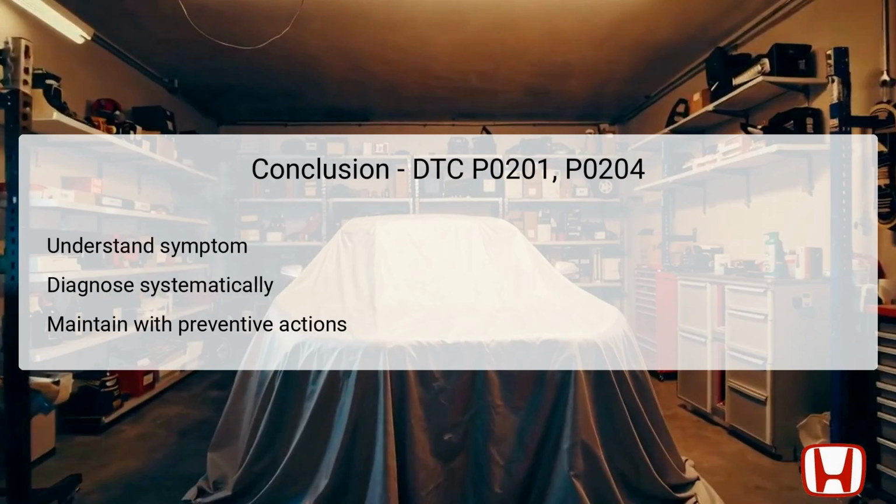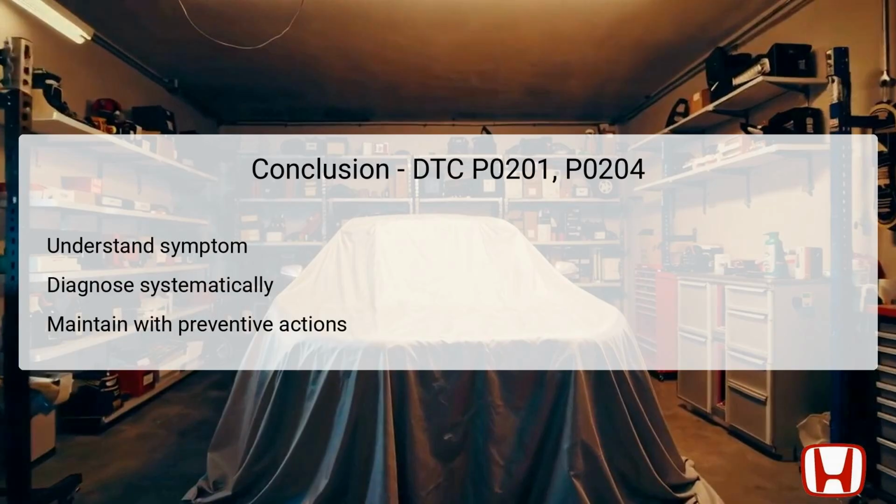In conclusion, understanding the symptoms and implications of DTC P0201 and P0204 is critical for effective troubleshooting. Implementing a systematic diagnostic approach allows for thorough investigation of all potential causes, from faulty wiring to relay issues.